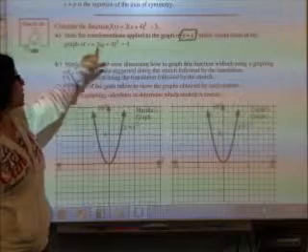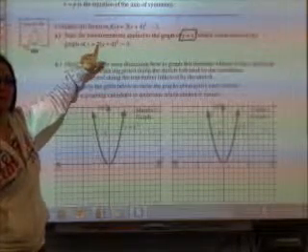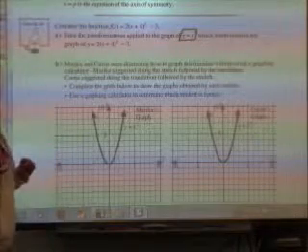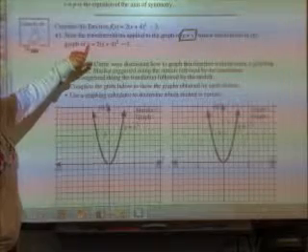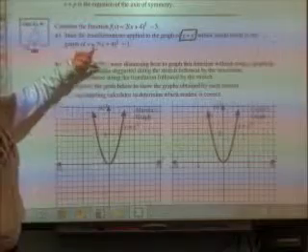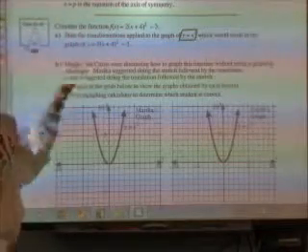So start with the 2. What did the 2 tell me to do? It multiplies the y values by 2. It makes it look skinnier, but it's still multiplying by 2. It's the factor of a.